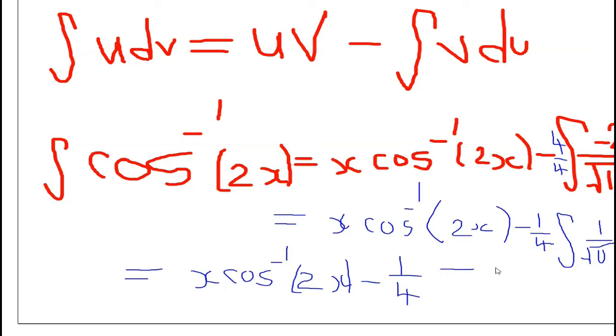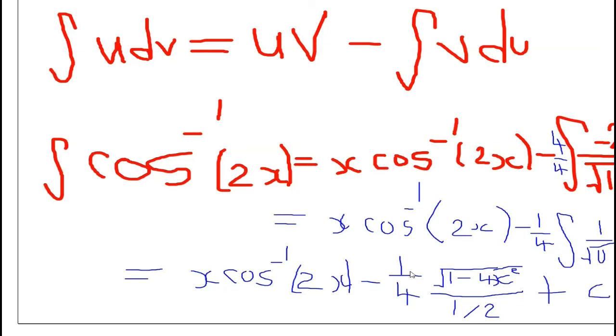U to the half is the square root of 1 minus 4x squared, all divided by a half, plus your constant of integration.